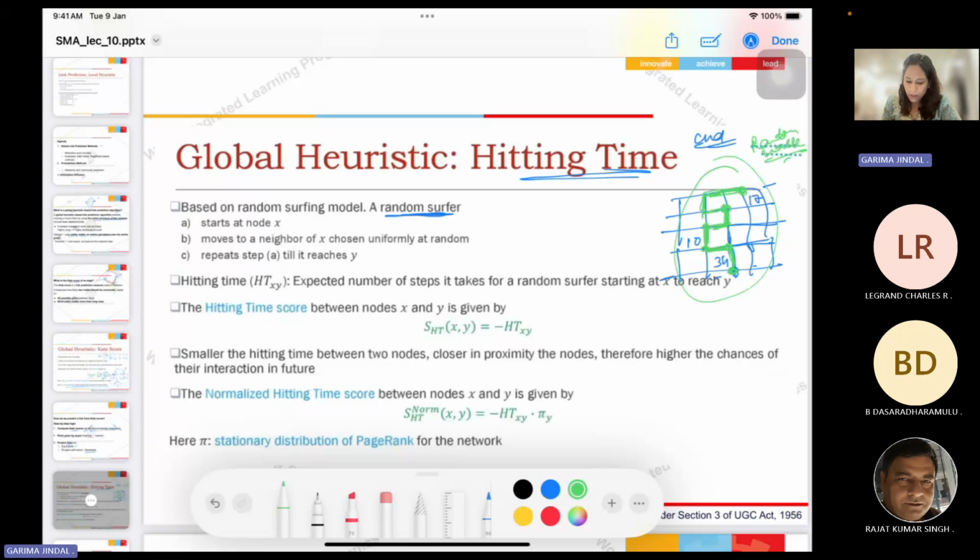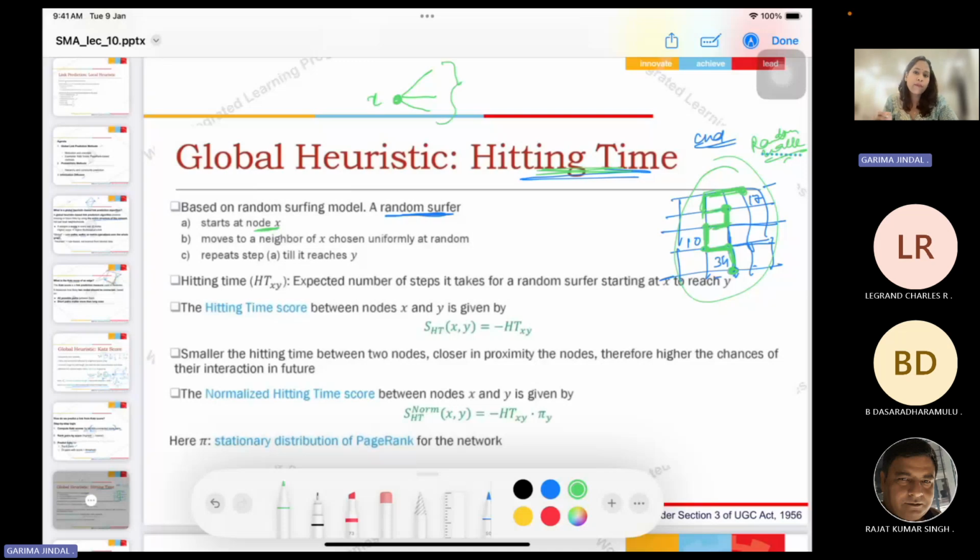Now this particular algorithm is based on random walks. We start from a node X, and then we move to a neighbor of X chosen uniformly at random. Suppose node X has three neighbors.